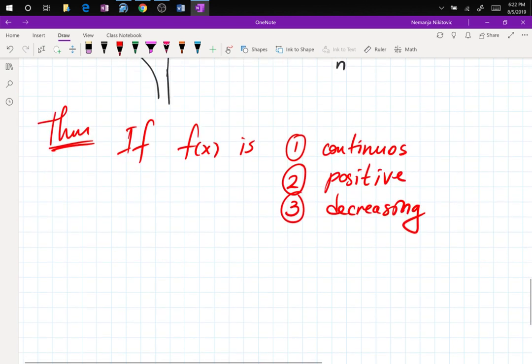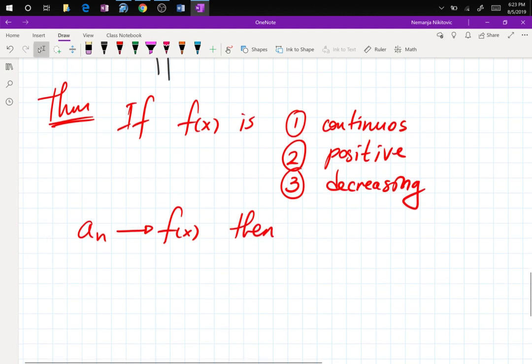So if these three conditions on f of x are satisfied, and you converted your an into that f of x, then the series of an that goes to infinity, and the integral, I'll put some value a on the bottom, so a to infinity, they start at the same number.